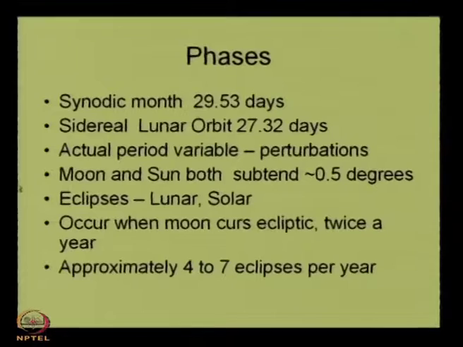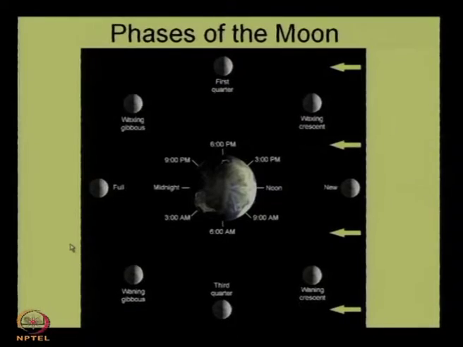Okay. So, now if you look at this picture, the sun is over here in this direction. So, you could imagine that whenever the moon comes in between the earth and the sun, the moon would completely block out the sun. Okay.